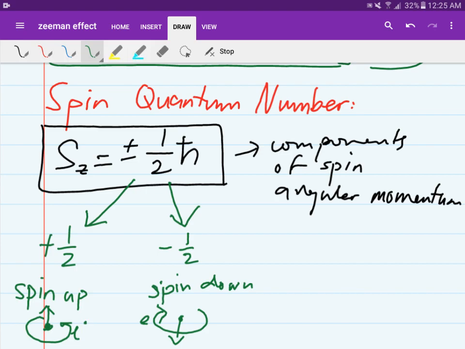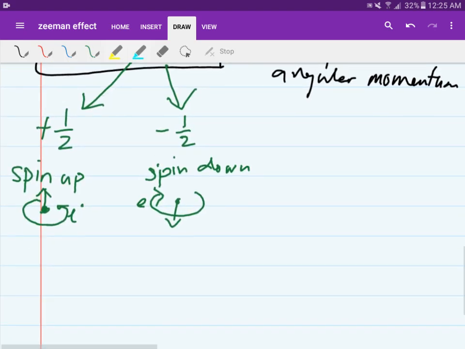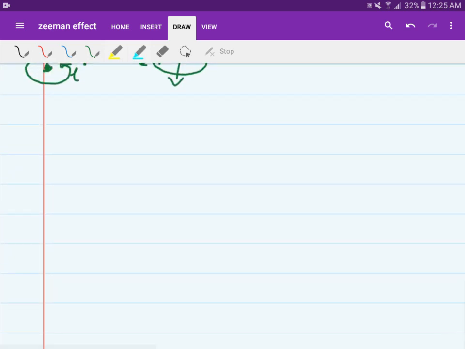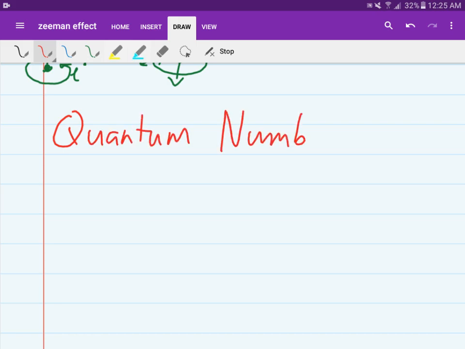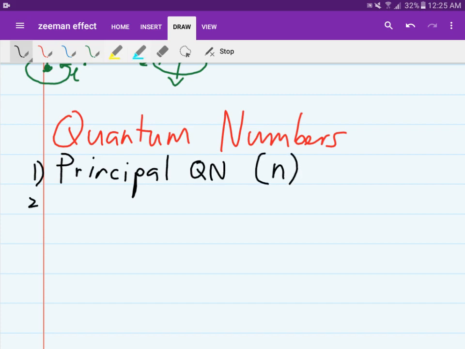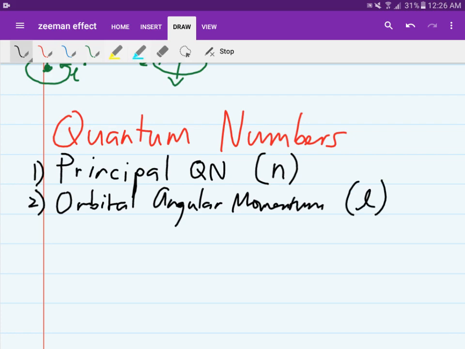Okay, so now we have our complete set of quantum numbers. Let's complete our list. One, we have the principal quantum number n. Two, we have our orbital angular momentum quantum number, l.